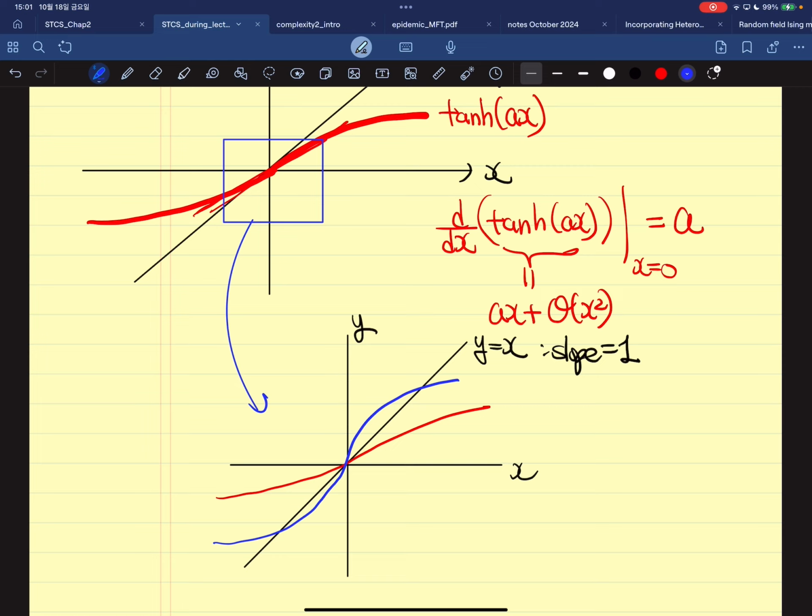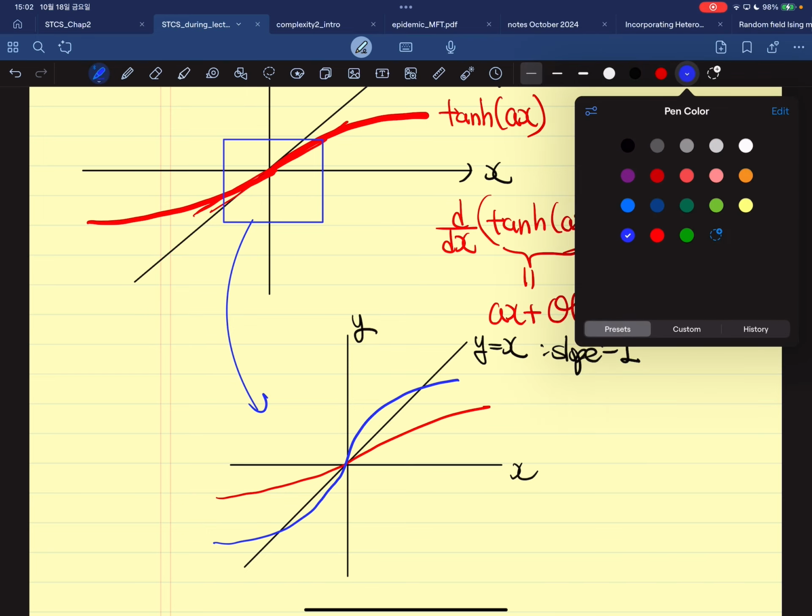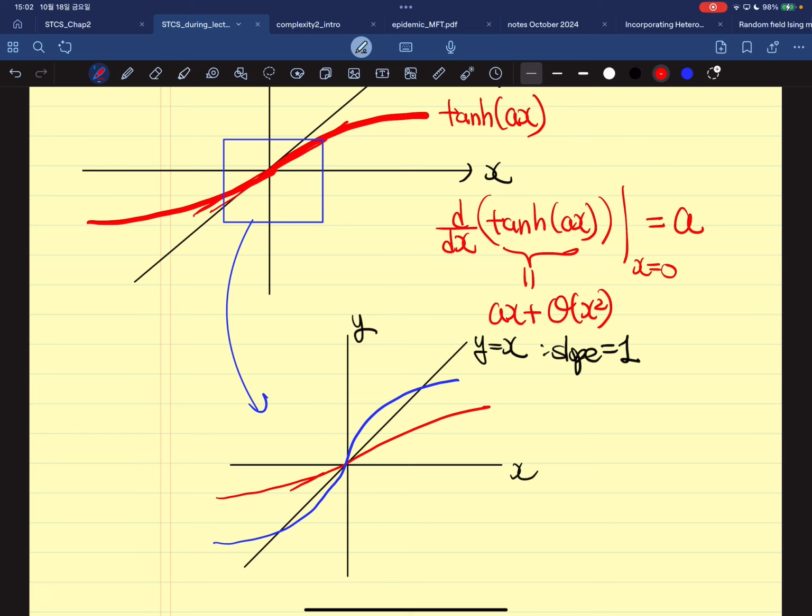Which one corresponds to A larger than 1 and which one corresponds to A smaller than 1? I put this local slope here. So the local slope of the red curve is this, and the local slope of the blue curve is this, right? So this red curve corresponds to the slope smaller than 1. And this other curve corresponds to A larger than 1.